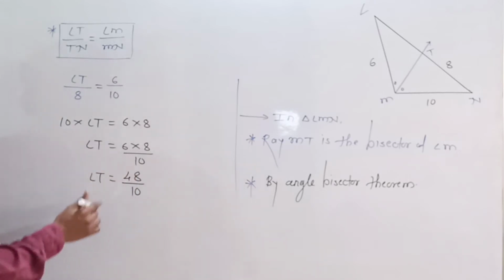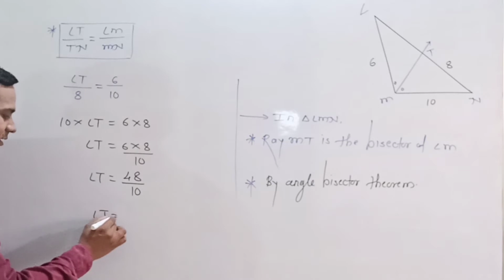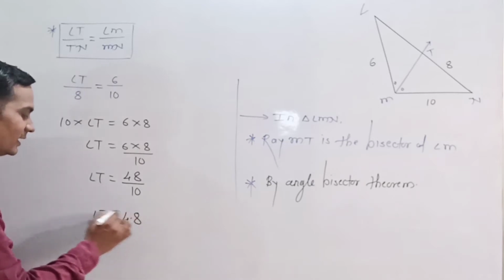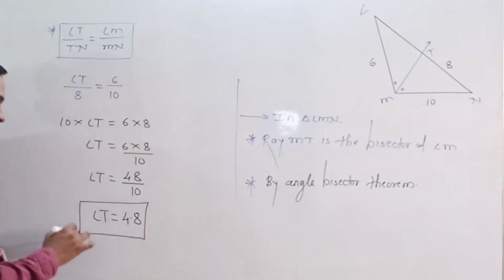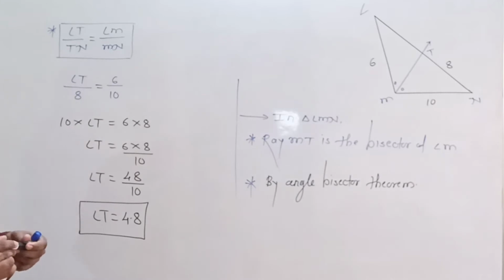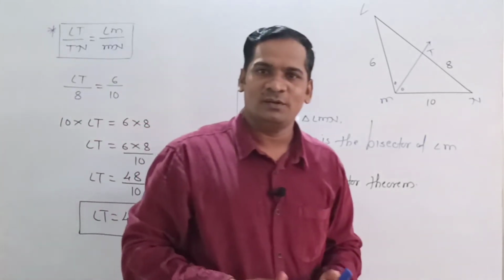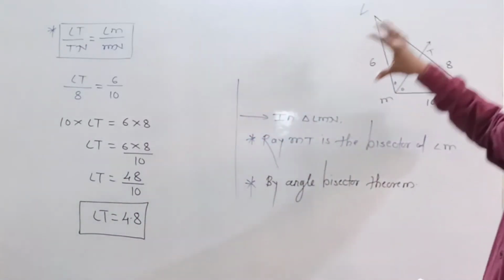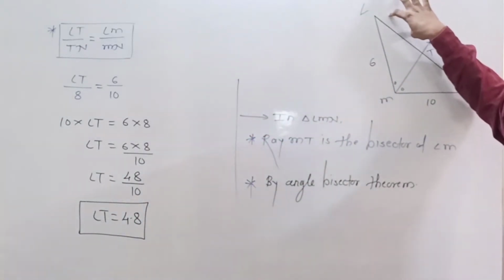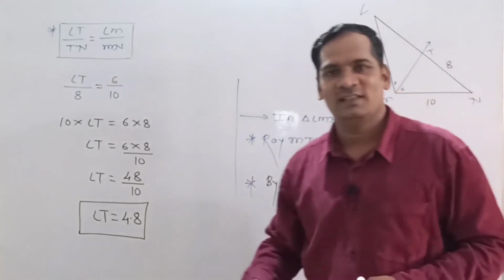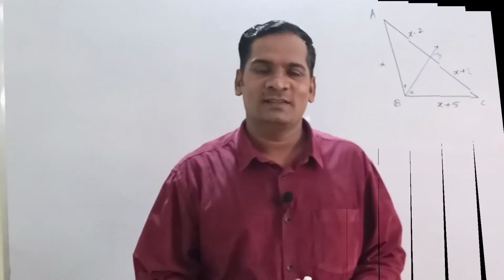So simplify this, and the answer will be LT is equal to 4.8. How simple is this? In this way easily we can use the angle bisector theorem to find out the length of LT. Done? So let's move toward the next question.